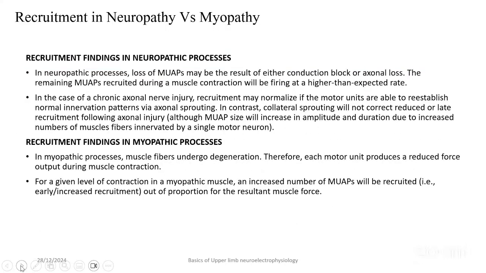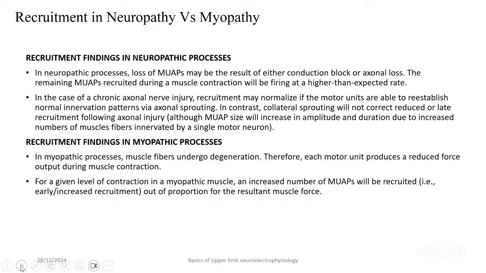We have already discussed the myopathic and neuropathic processes a number of times. Again, in the neuropathic process, loss of MUAPs may be the result of either conduction block or axonal loss. The remaining MUAPs recruited during a muscle contraction will be firing at a higher than expected rate.